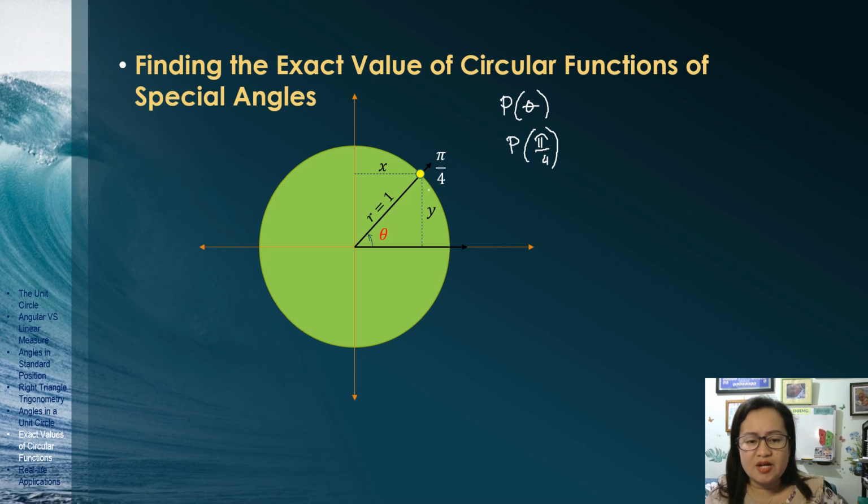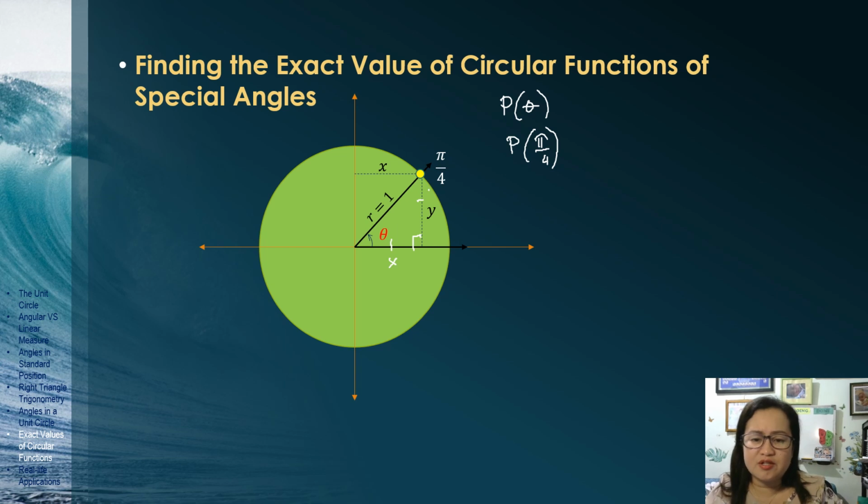Okay, since pi over 4 is exactly at the middle between 0 and pi over 2, that means we have formed an isosceles right triangle. So this is x and this is y.